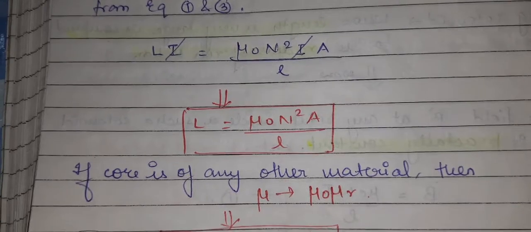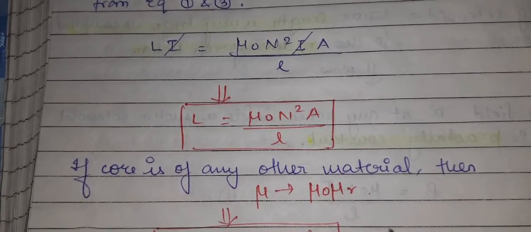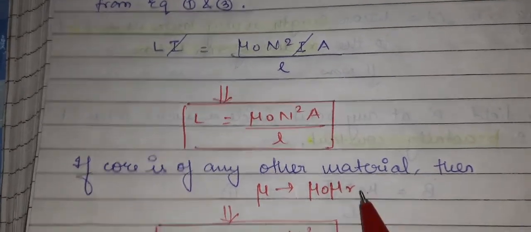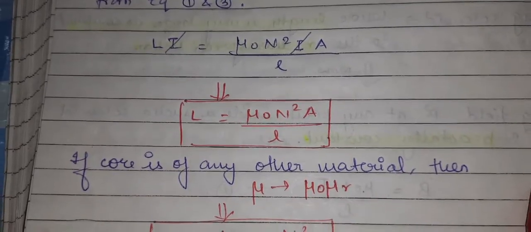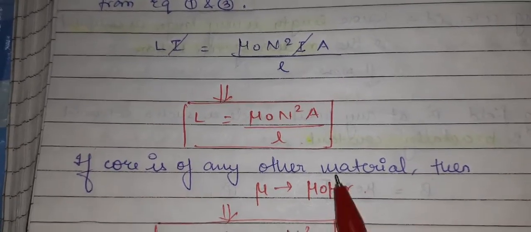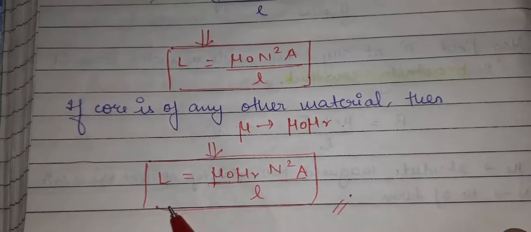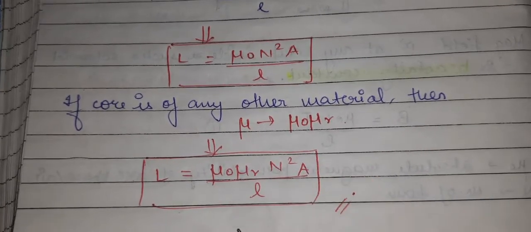If you want to find the permeability of that material, we have to multiply the permeability of free space with the relative permeability of that medium, mu r. So the formula will change like this, and the self inductance will become L is equal to mu naught mu r n square A upon L.